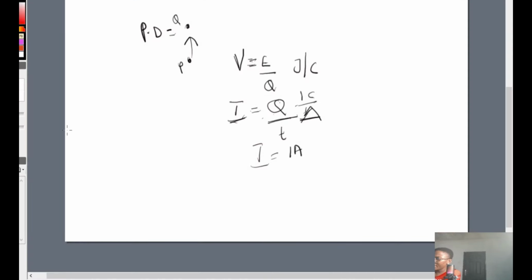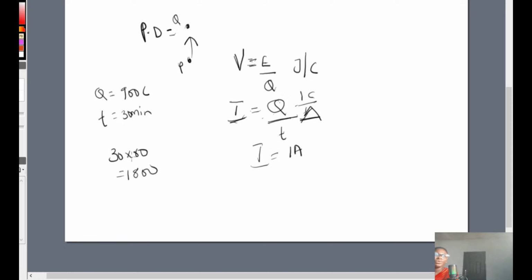We're given our charge Q to be equal to 900 coulombs. We're given our T to be equal to 30 minutes. And don't forget, the unit of time is not minutes. We are going to have to convert it to seconds, right? How can we do that? That will be 30 times 60, and that is 1,800.